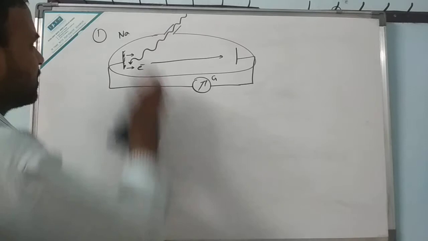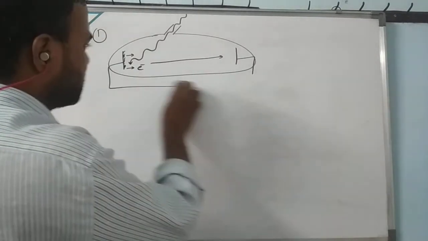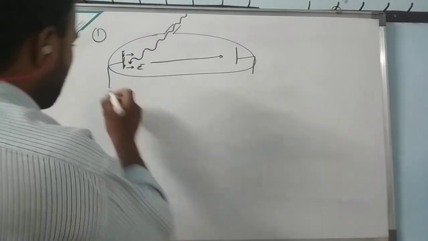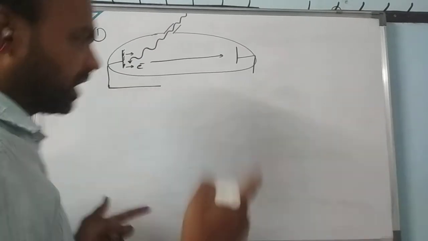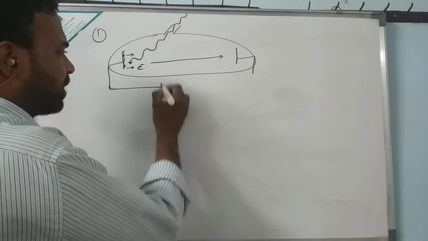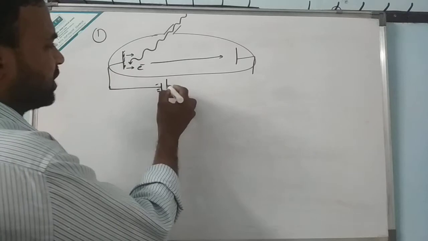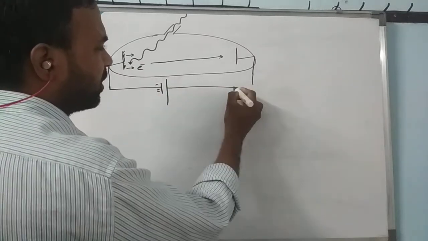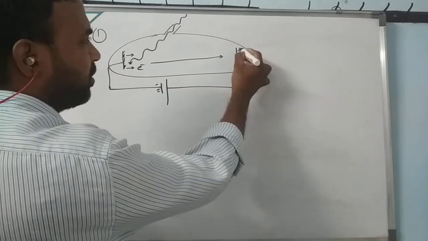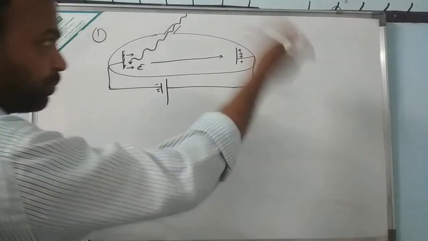Now, what is given to us in the numerical is the same situation. Along with this, they are applying a battery. In the general case, you apply the negative terminal of the battery to this photosensitive metal and the positive terminal of the battery to the other electrode. That makes the other electrode positively charged, at positive potential.